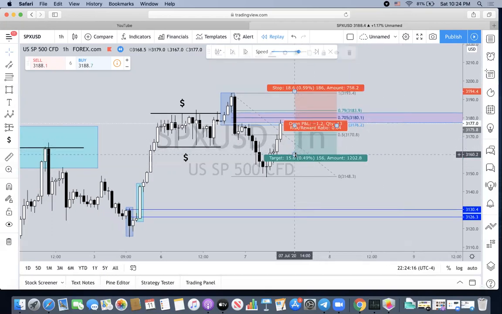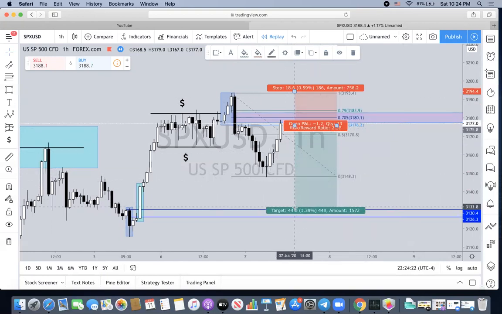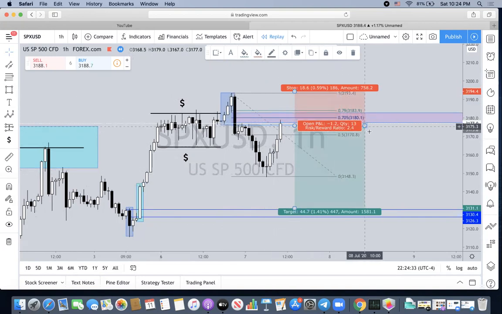And what do we want to target? At least this low, which is like a 1.5 to 1. And if you follow along with the educators, we were targeting this candle pretty much all week because of this clean price action to start. So overall, you're looking at almost a 2.5 to 1 ratio here if you're entering off the 61.